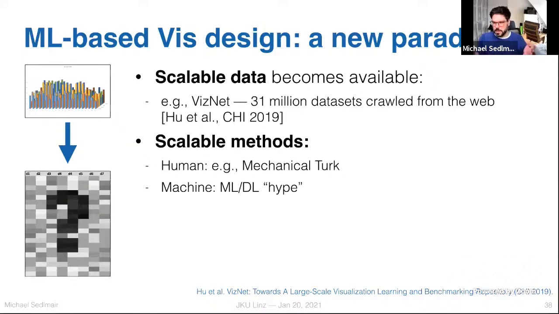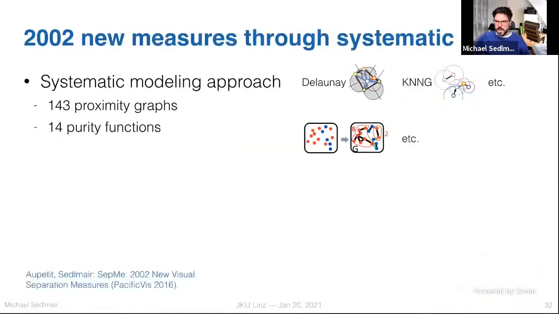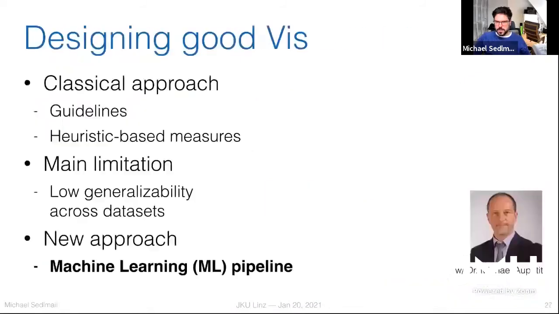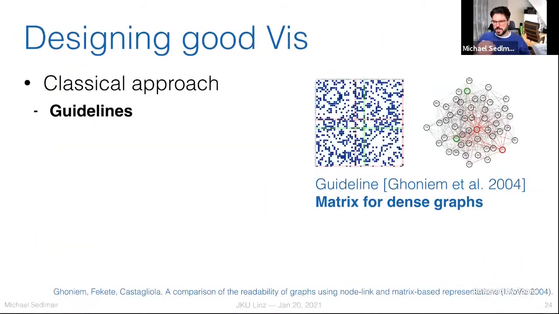Think of the example that I showed before, the user study actually comparing adjacency matrices and node link diagrams from Jean-Daniel, they found that adjacency matrices are actually better in almost all of the cases, but nobody is using them. So from a purely data-driven point of view, we never would use adjacency matrices, because everyone always selects a node link diagram, right? Although it might not be the ideal choice. So I think this is a little bit tricky and needs a different approach here.